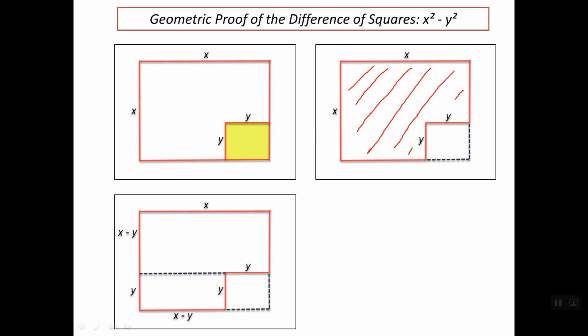If we try to extend a dotted line, same like what we have here, so this is y, and the total of this length is x. So the dimension here is x minus y.